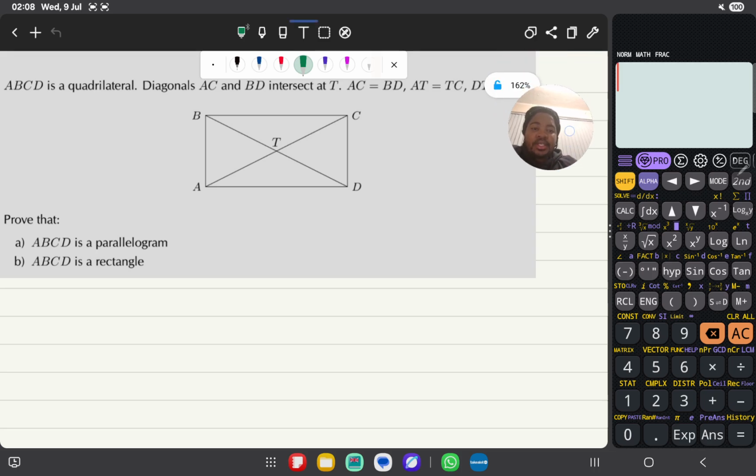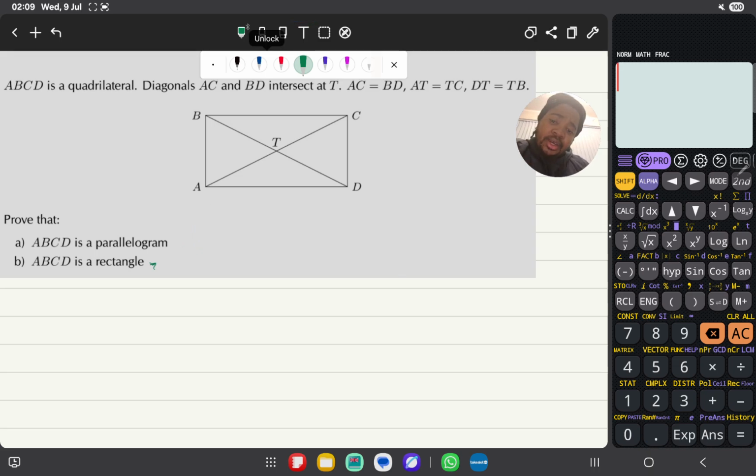So on this one they say this shape, it is a quadrilateral, of course. Diagonal AC and BD bisect each other. Now they say that AC equals to BD, right? And I'm already seeing proof that there's a rectangle. The first one we are proving that it is a what?